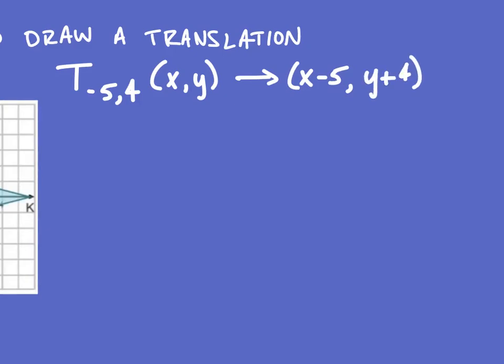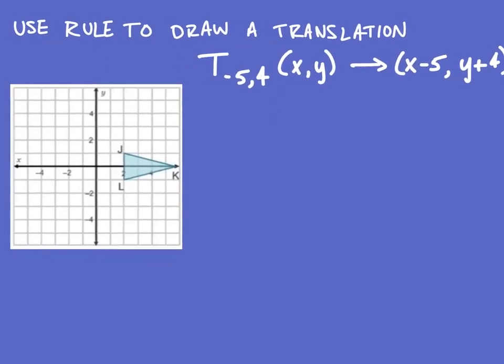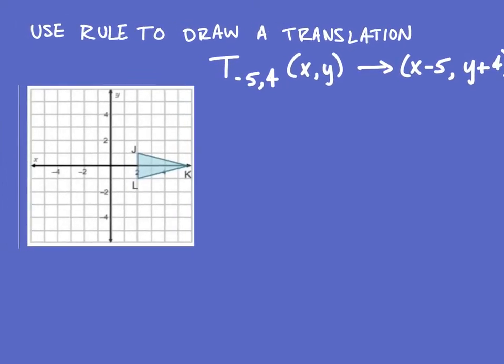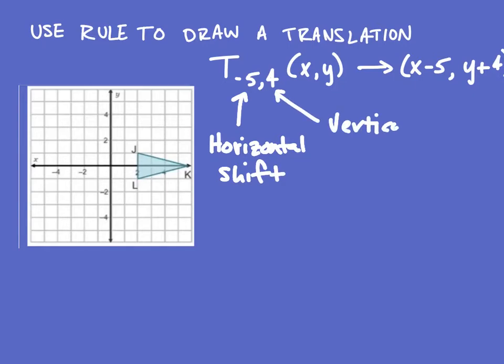Now, the other thing that I can look at is that this number here is my horizontal shift, and this number here is my vertical shift, okay?